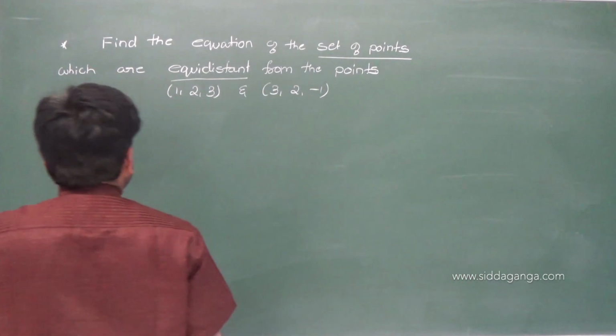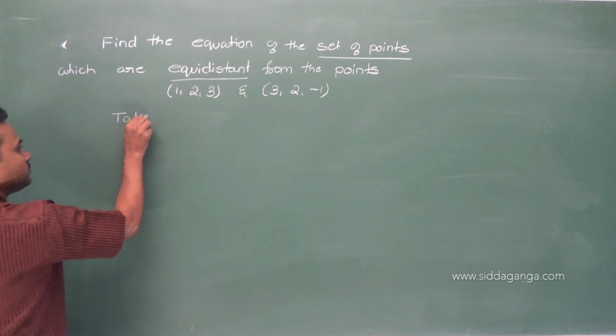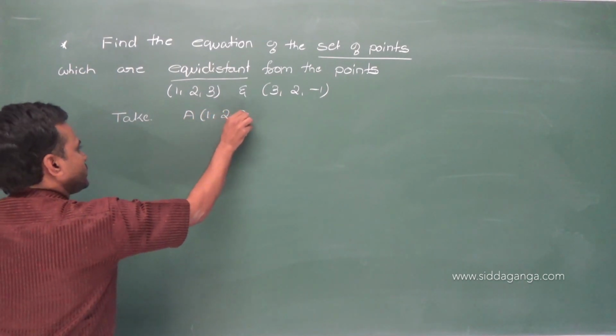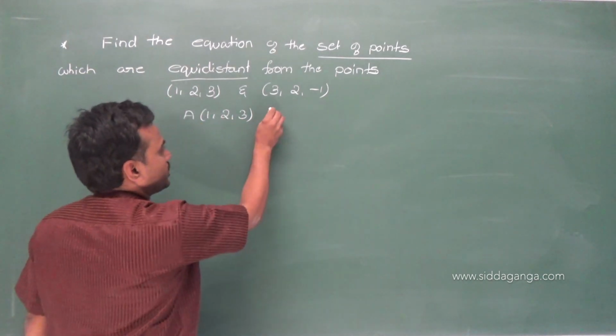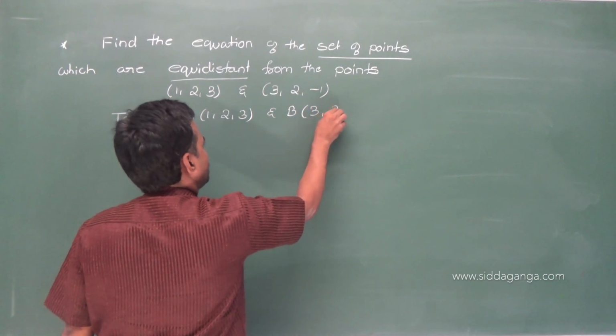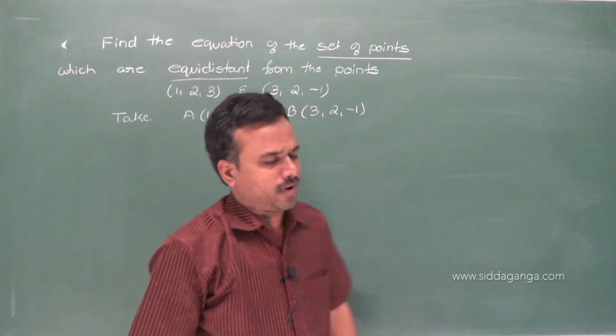What we do here? First we take A point, 1, 2, 3. And B point, 3, 2, minus 1. B point is 3, 2, minus 1.